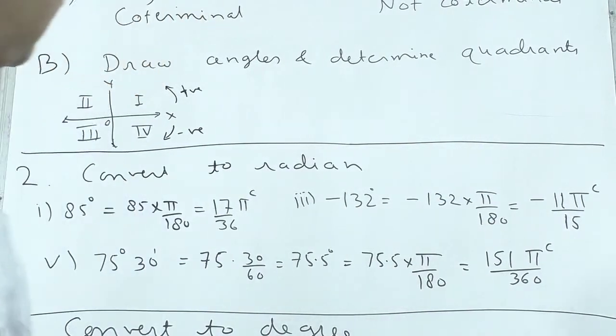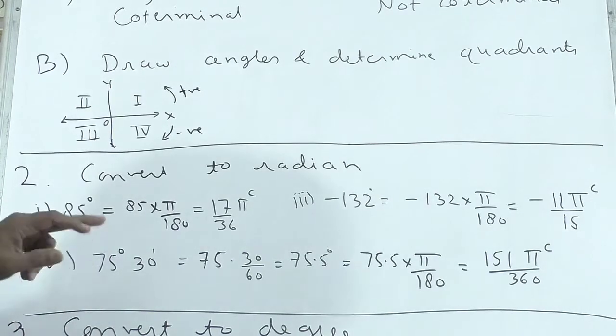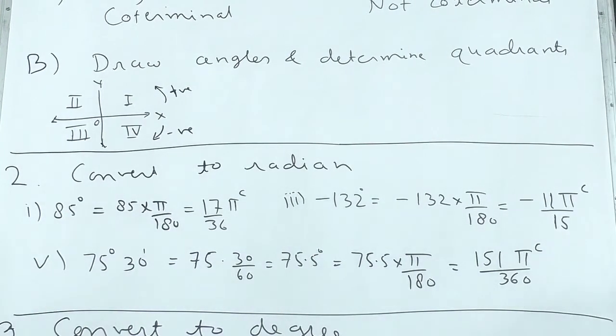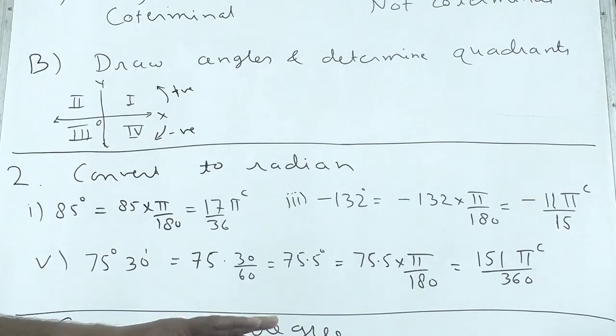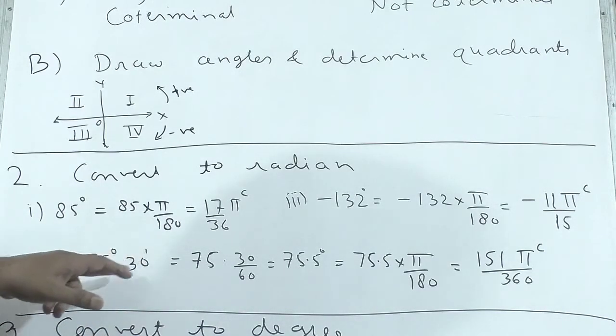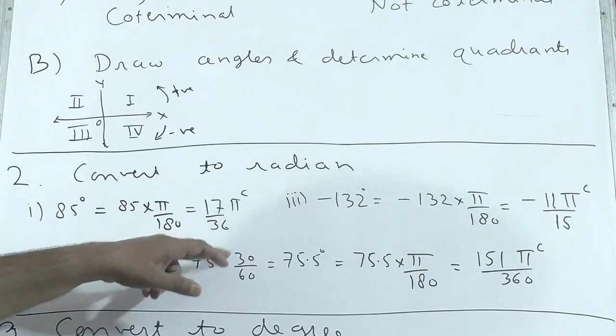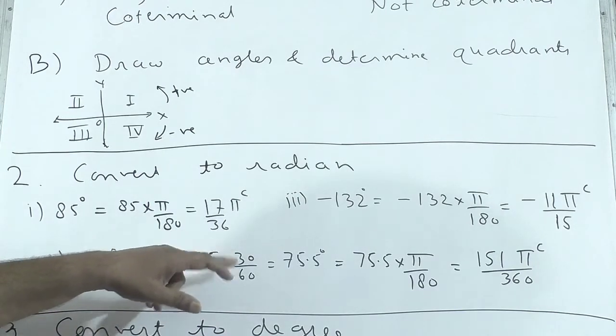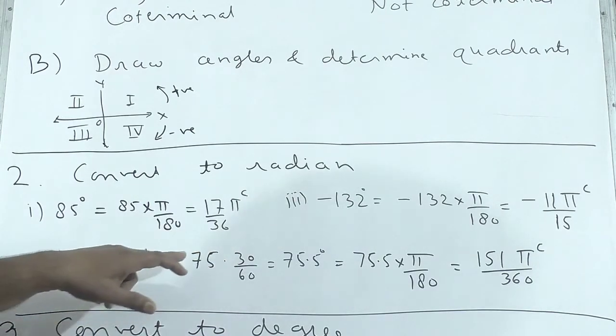Getting it? 75 degree 30 minute. 60 minutes make 1 degree, and 60 seconds make 1 minute. So we have to convert to degree. 30 minutes, 30 upon 60. 30 upon 60 is half, that is 0.5.